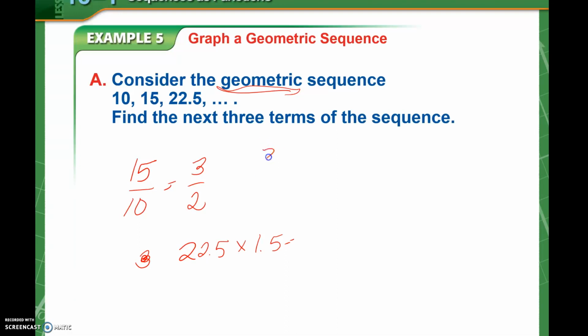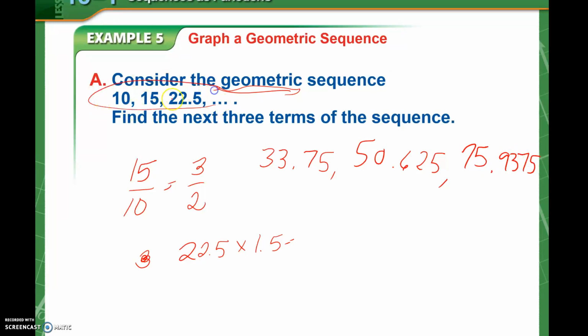That gives me 33.75, and then I'm going to continue. The next one would be 50.625, and then keep multiplying by 1.5. The next one would be 75.9375, and you could keep going. So these are my 6 terms.